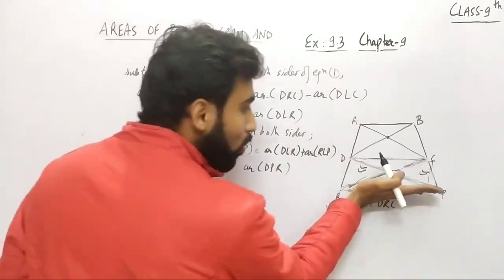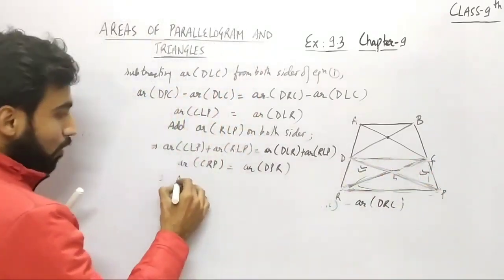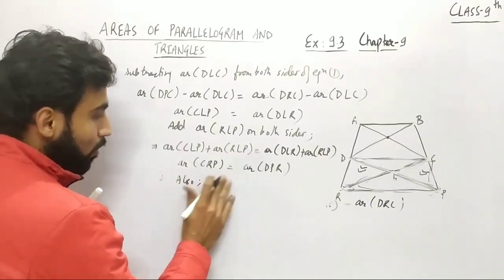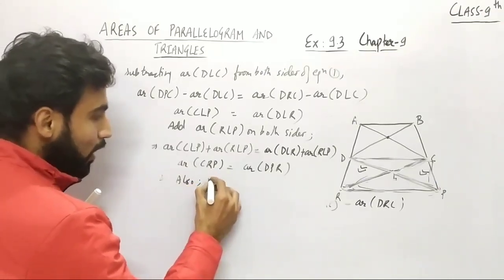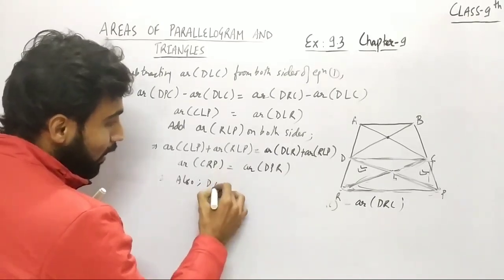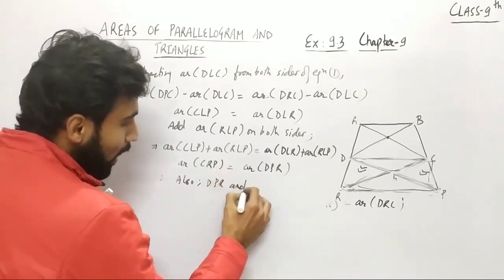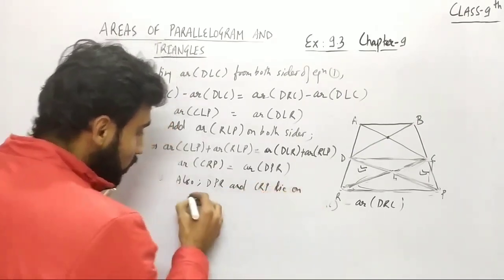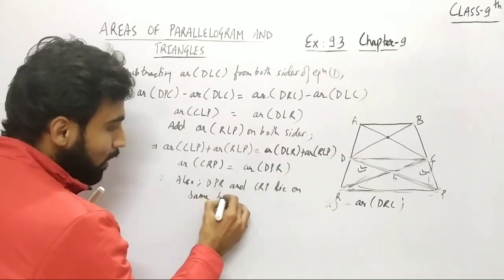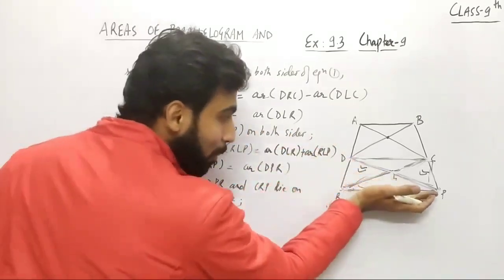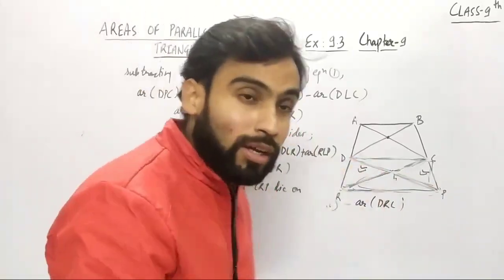Both are also lying on the same base. Also you can say, let me write that, DPR, let me correct that again. So DPR and CRP lie on the same base. So you can see their area is also equal and they are lying on the same base, so they are also lying between the same parallels.